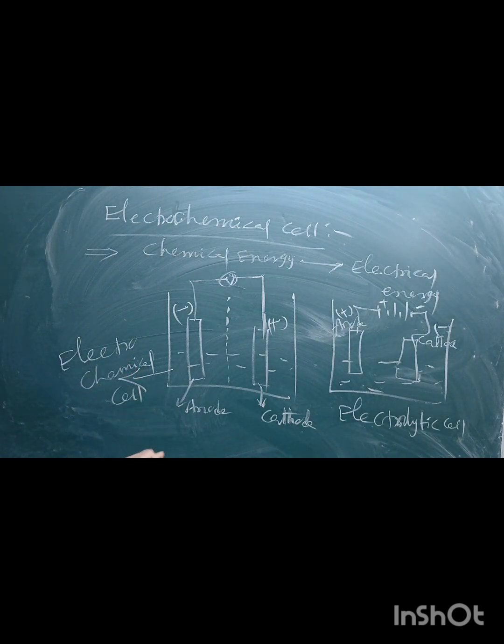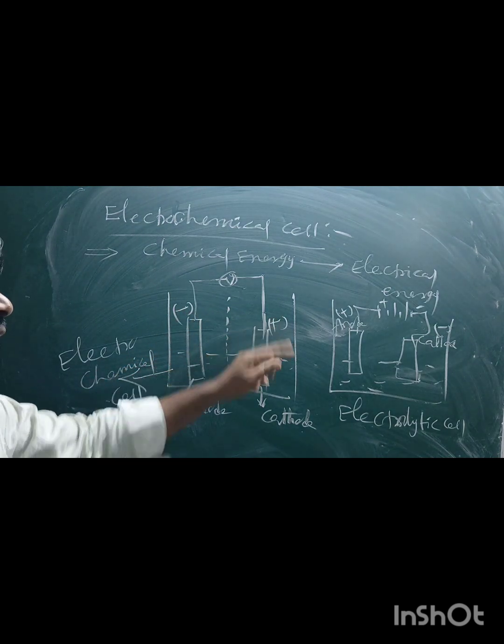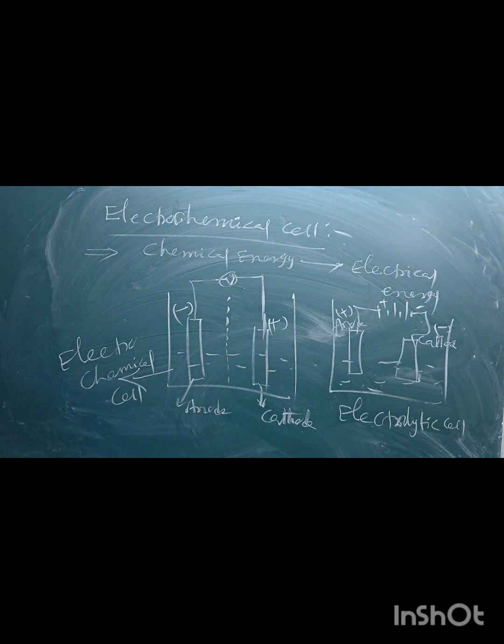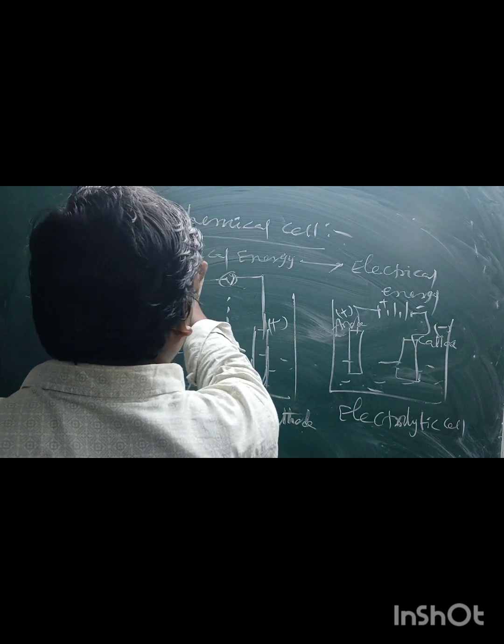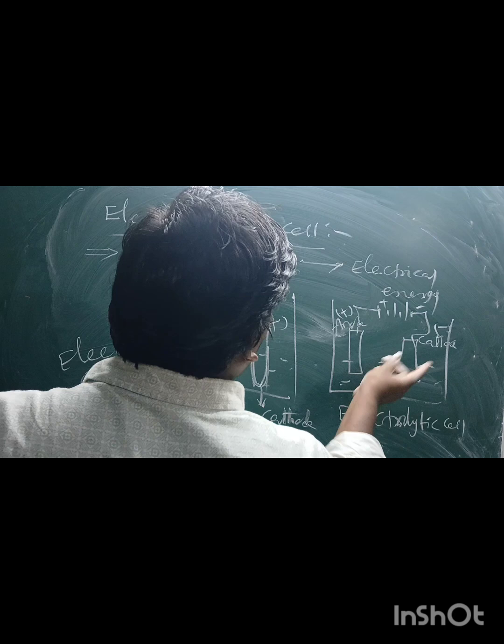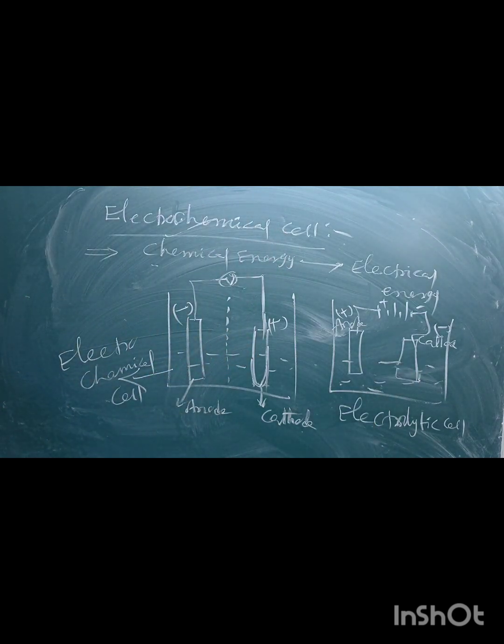But in the electrochemical cell, the polarity of the anode is negative and the polarity of the cathode is positive. Ions are discharged only at the cathode in the electrochemical cell. But in the electrolytic cell, the product is formed at both electrodes. Ions are discharged at both electrodes.